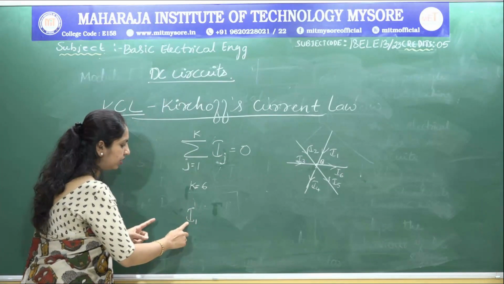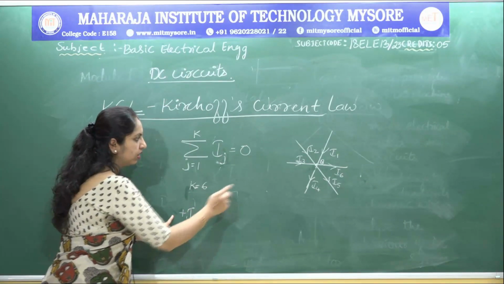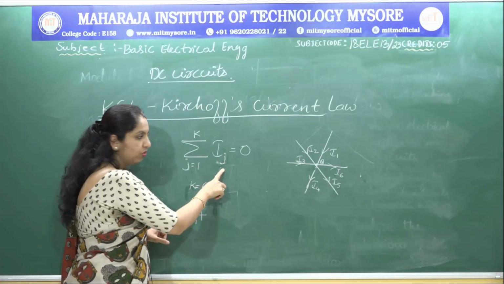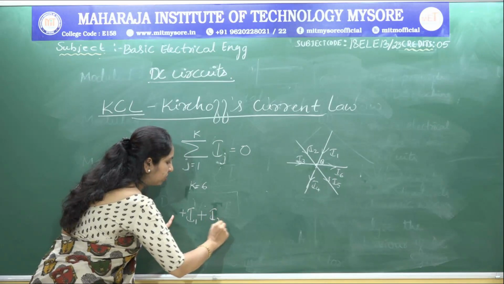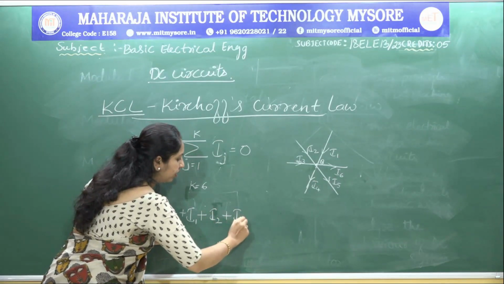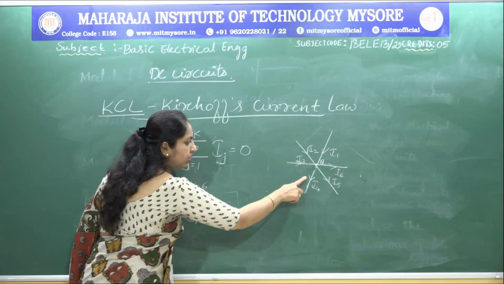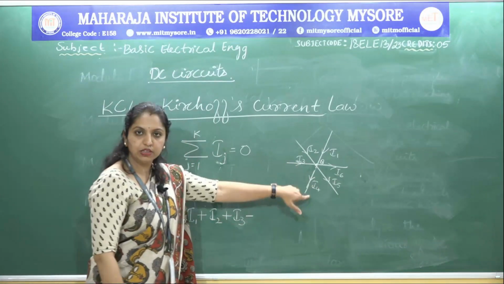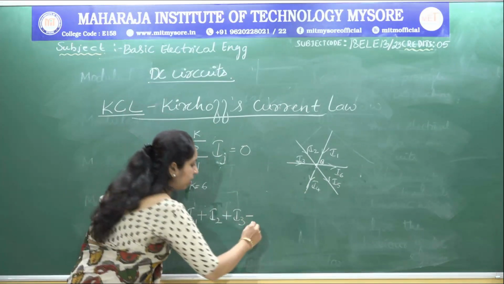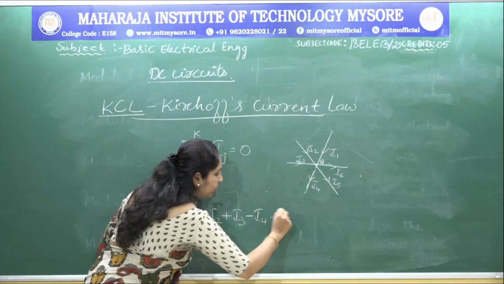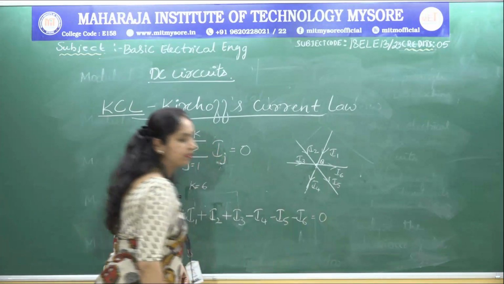So I write plus I1, then for J equal to 2, which is entering the junction, it is again positive, plus I2. Similarly, plus I3 because I3 is also entering the junction, but I4 is leaving the junction, so it is treated as minus I4, minus I5, minus I6 is equal to 0.